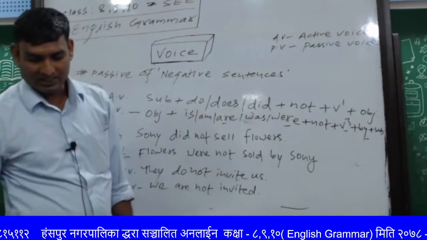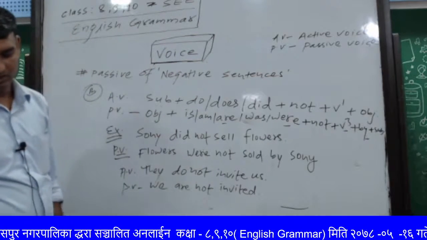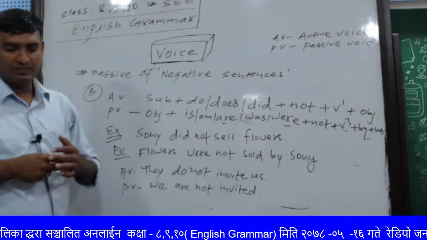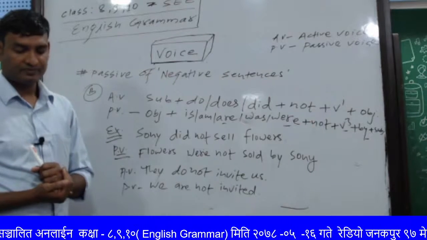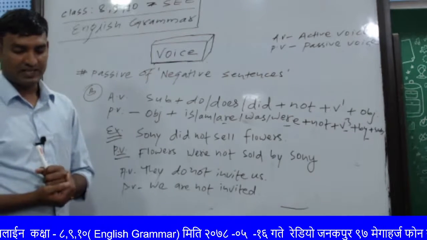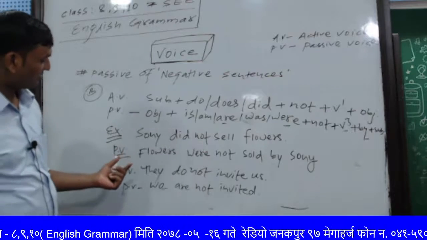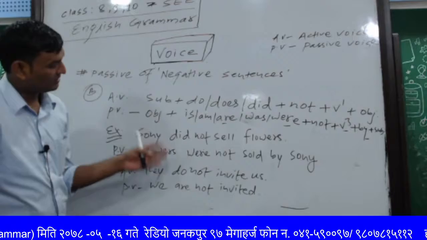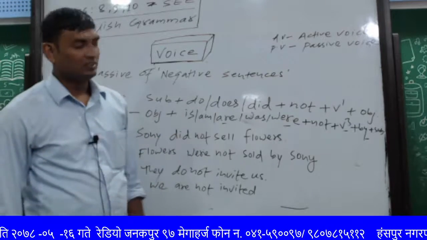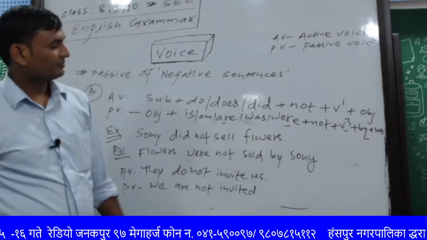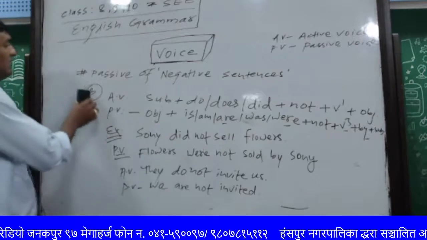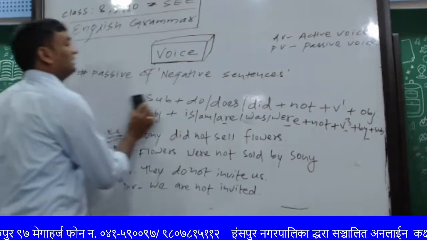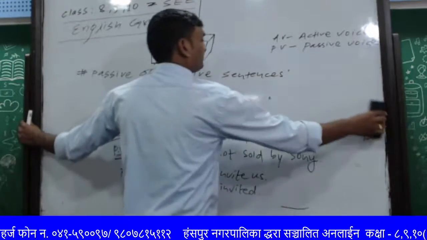And some auxiliaries are used, but the number of them may be changed. It means the subjects in the passive voice receive such kinds of auxiliaries. Okay. Then we are going to passive of negative sentence number 3.